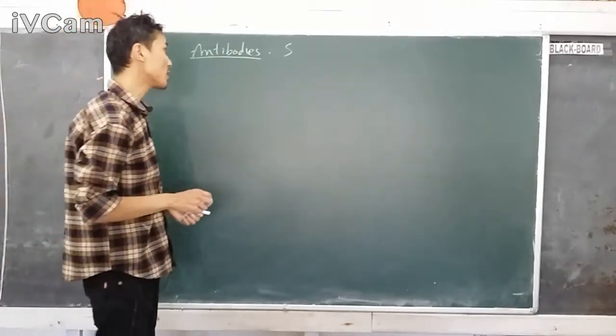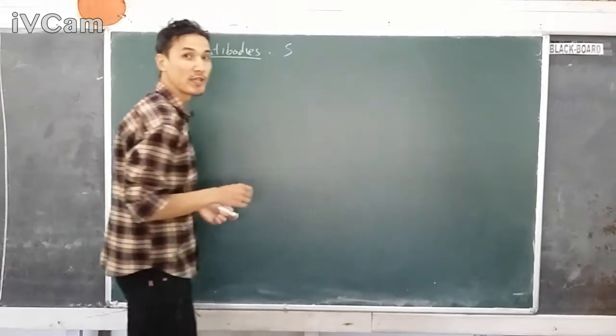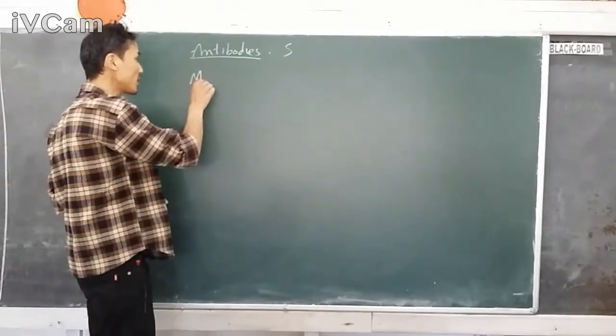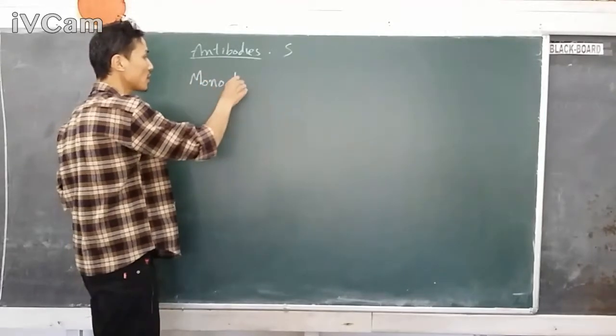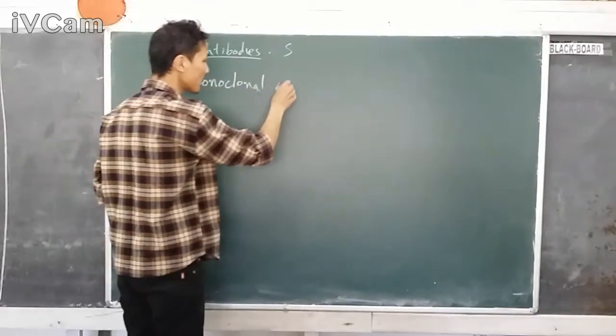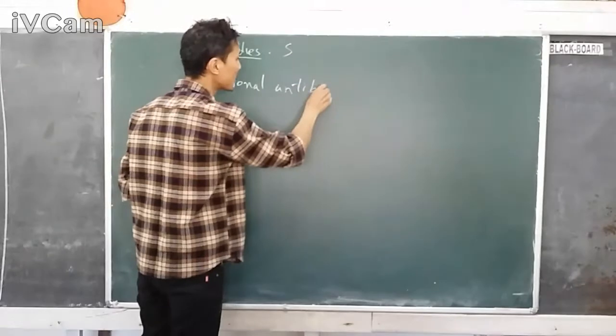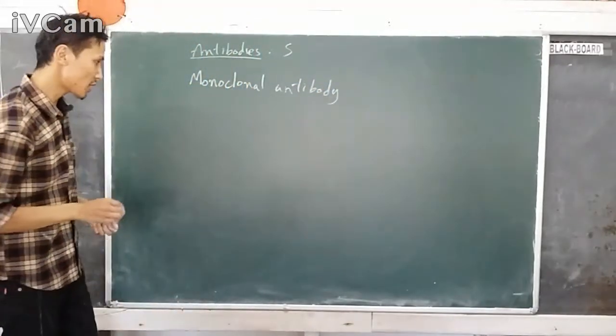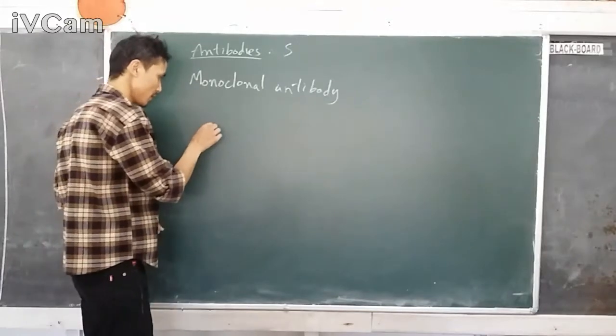We require only one antibody, which is sufficient. Production of only one antibody is known as monoclonal antibody.